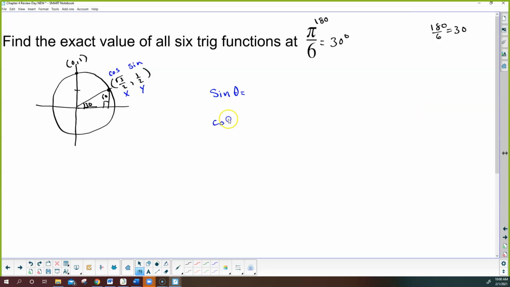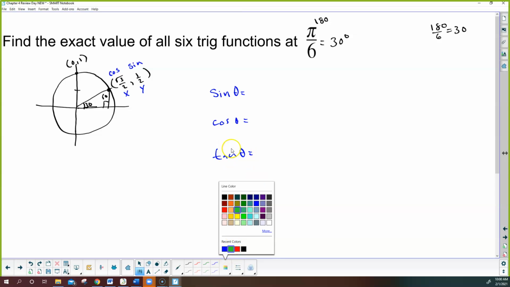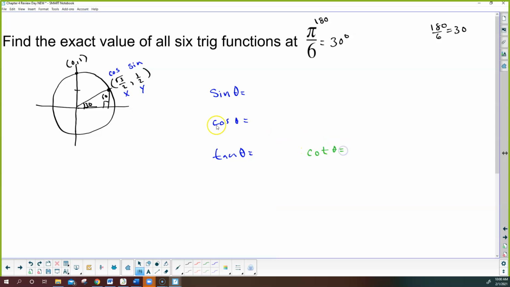Sine, cosine, tangent, and then their reciprocals. And this is the way my brain works. If I take the reciprocal of tangent, that was always cotangent. If I spell cosine backwards, it kind of looks like secant. And then the one that's left over is cosecant.